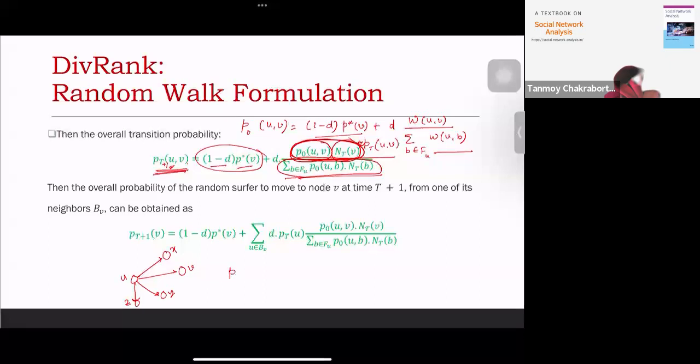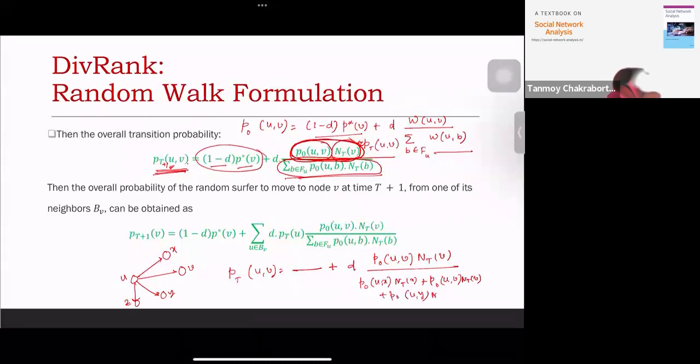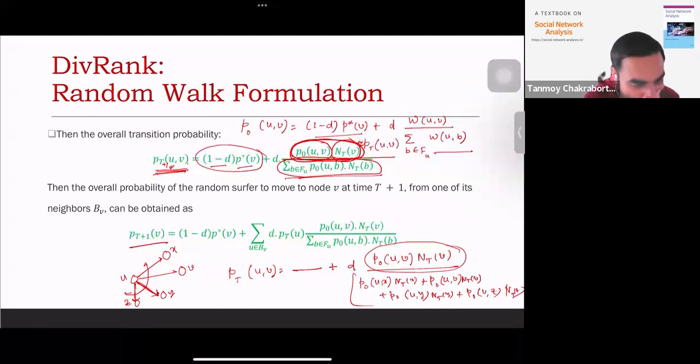So P(T)(u,v) is, first part simple, second part is d times P(0)(u,v) N(T)(v) divided by P(0)(u,x) N(T)(x) plus P(0)(u,v) N(T)(v) plus P(0)(u,y) N(T)(y) plus P(0)(u,z) N(T)(z). You take the sum here also, and you see the proportion of node v in this sum.